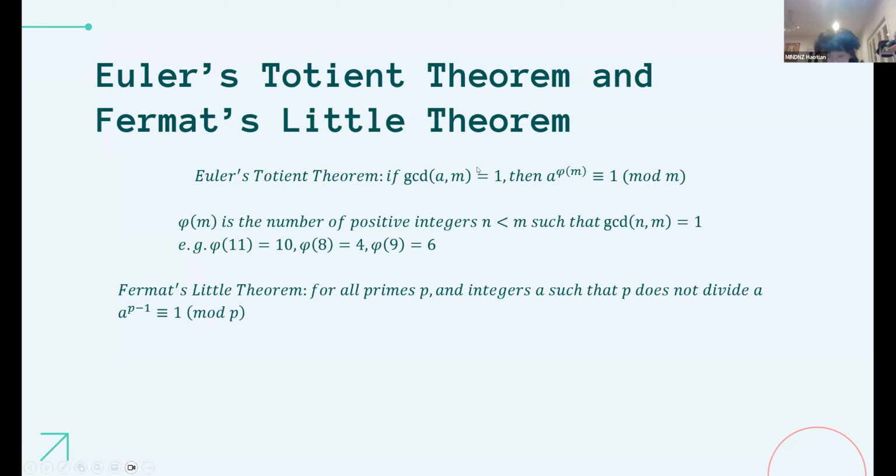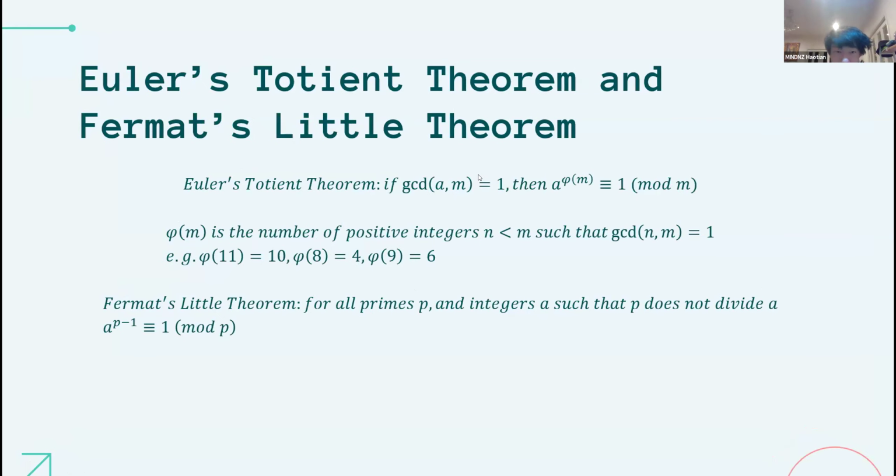So, you can just have a minute to read what it says. Oh, wait, is it Totient? Euler's something theorem.